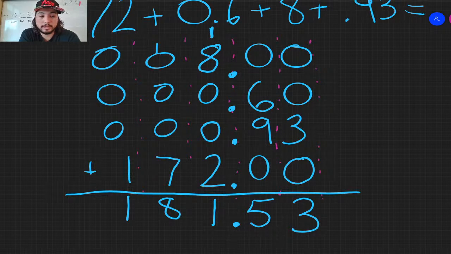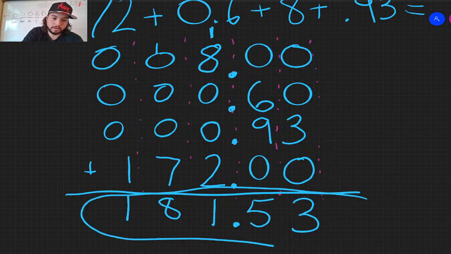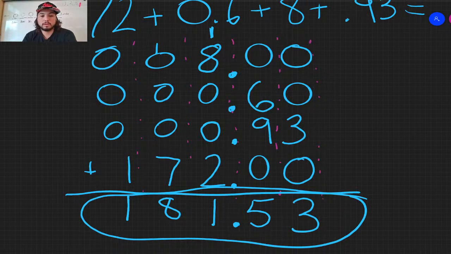And if it makes life easier to write them all in, absolutely do it, right? If this makes the most sense to you, go, oh, anywhere where there's not a digit, put a 0, okay? To make sure you know that everything's lined up. If our decimal point is lined up, that's going to give us an accurate result, which in this case is 181 and 53 hundredths.